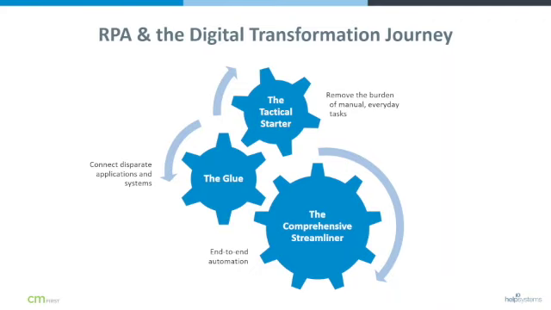Once you put RPA to work as a tactical tool to generate value, move into using RPA to provide reliable connections between disparate applications and systems. I see RPA as the great integrator. As much as digital transformation typically means new tools and technologies, there will always be legacy systems and applications that will stick around because they're business critical.